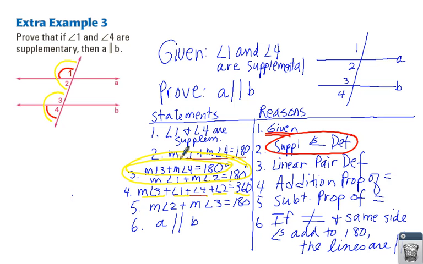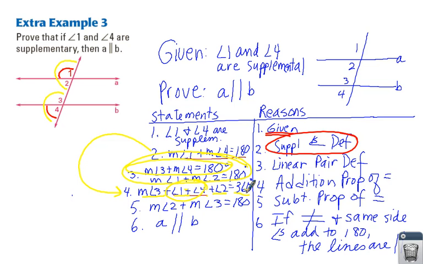And now, using the substitution property from up here, they substitute 180 in for angles 1 and 4, so that gives us the measure of angle 2 plus the measure of angle 3 equals 180, because this is 180, this is 180.